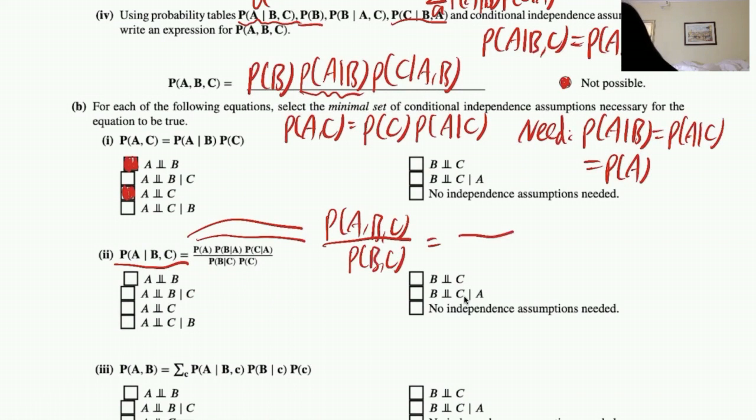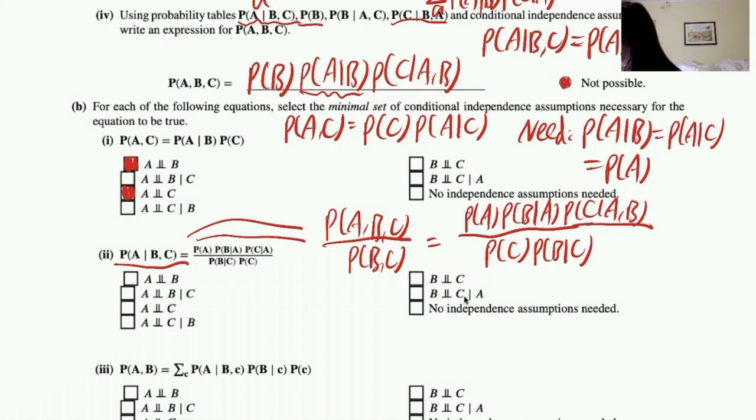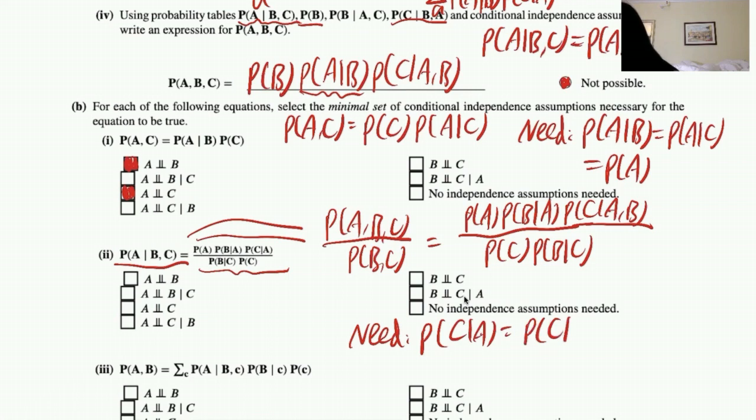Then, according to the chain rule, it should be probability of C multiplied by probability of B given C, probability of A, probability of B given A, probability of C given AB. So to make it equal to the right-hand side, we need probability of C given A to be equal to probability of C given AB.